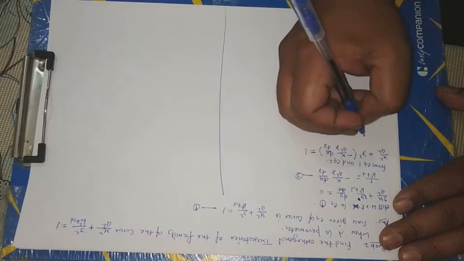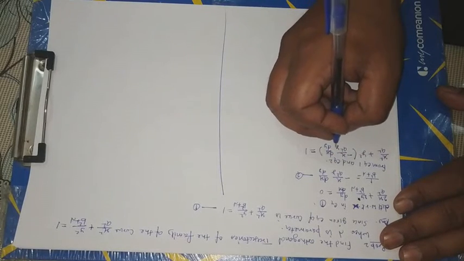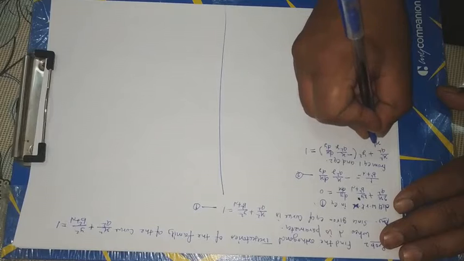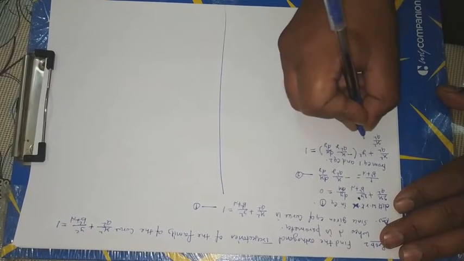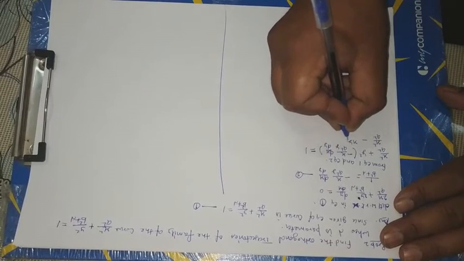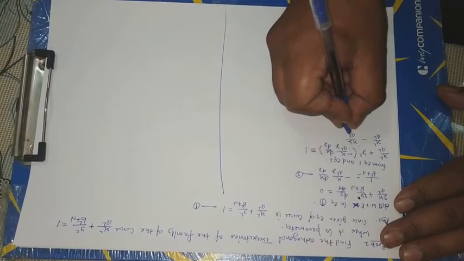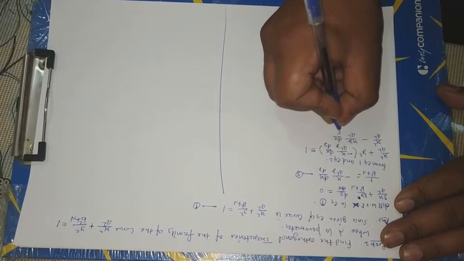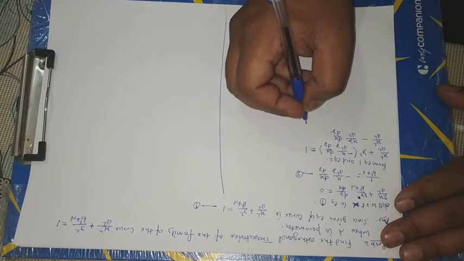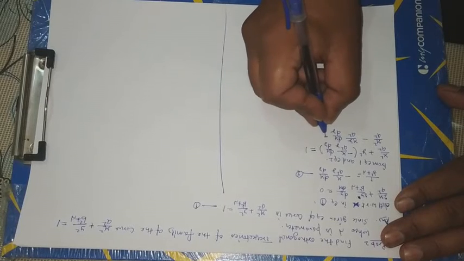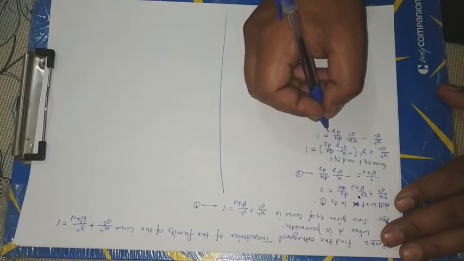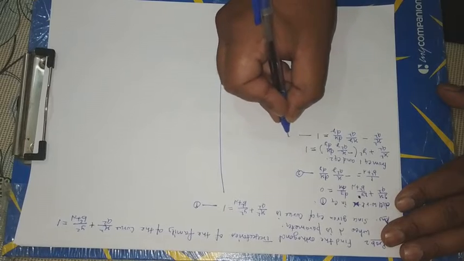Now this y is cancelled by this y, that is, x square upon a square minus xy upon a square dx upon dy is equal to 1, represented by equation number 3.